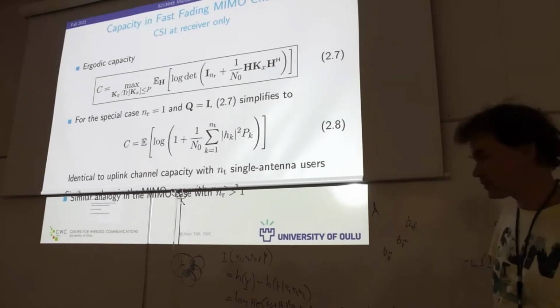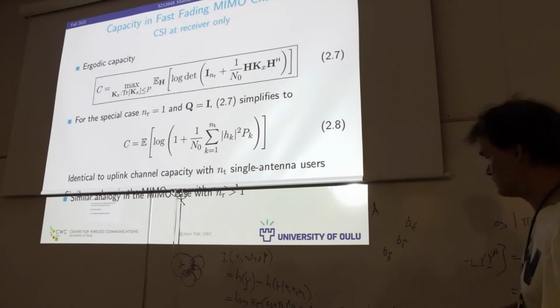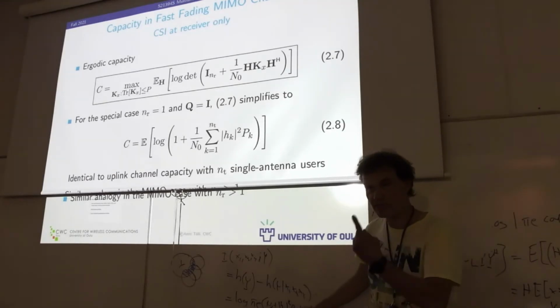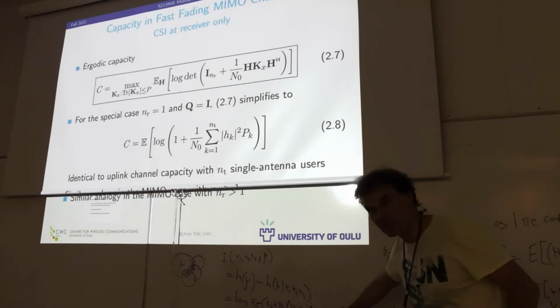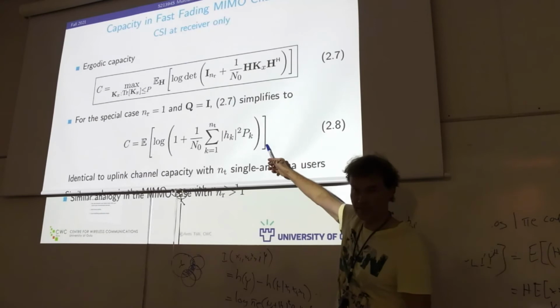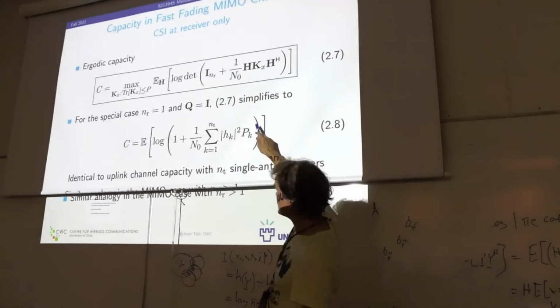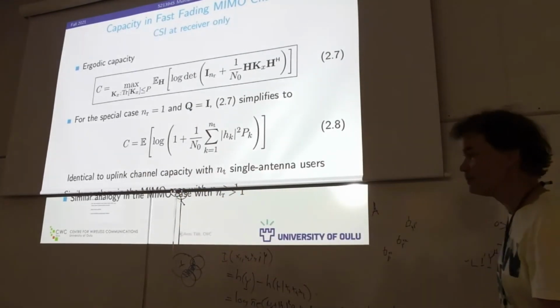That's just one implementation, but it's a capacity optimal implementation. Here as well we need SIC; since we have a single antenna we don't need the beamforming front end, just successive interference cancellation. But this is the sum rate expression: the capacity over the sum of all these transmit-antenna-specific signals.